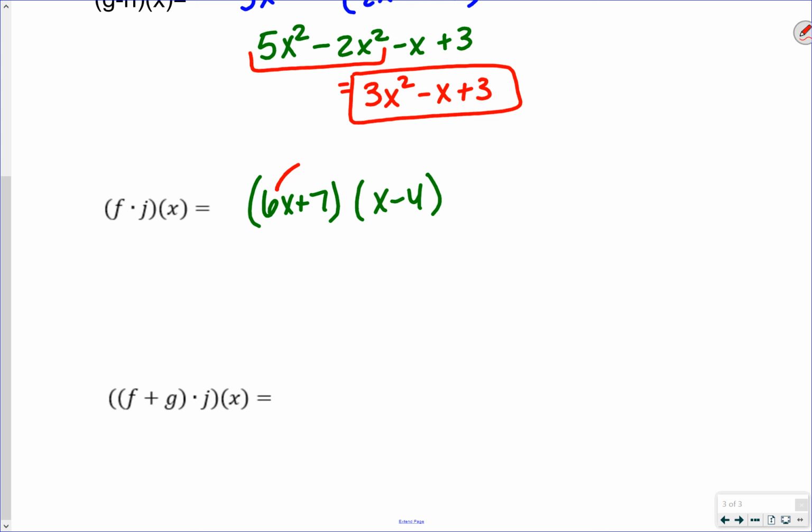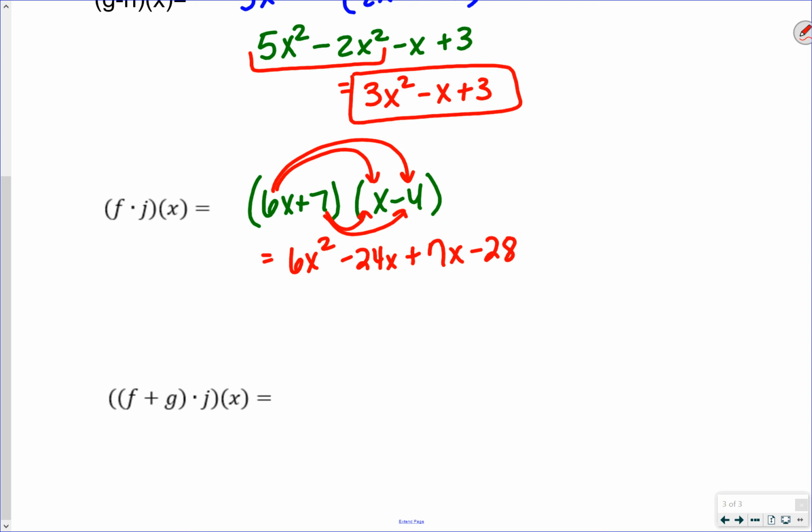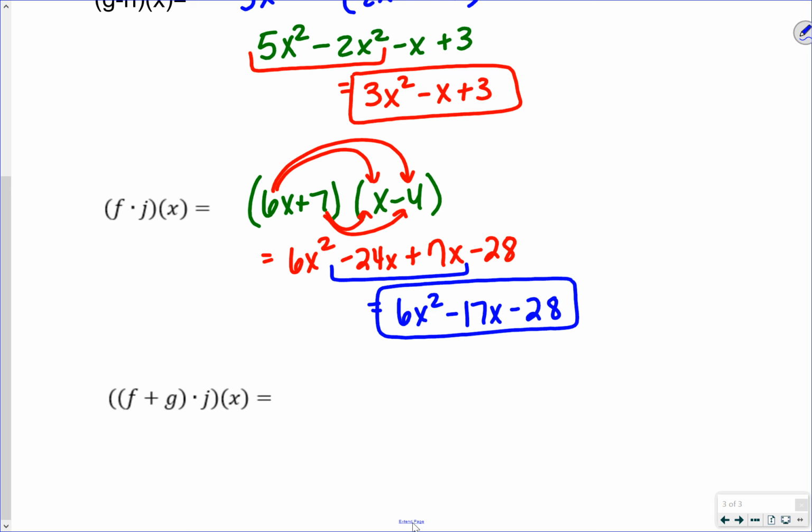I have 6x times x would be a 6x squared. 6x times negative 4 is negative 24x. 7 times x is 7x, and 7 times negative 4 is a negative 28. And we're just going to combine our like terms. So I have 6x squared. Negative 24 and positive 7 gets me a negative 17x. And then my minus 28.